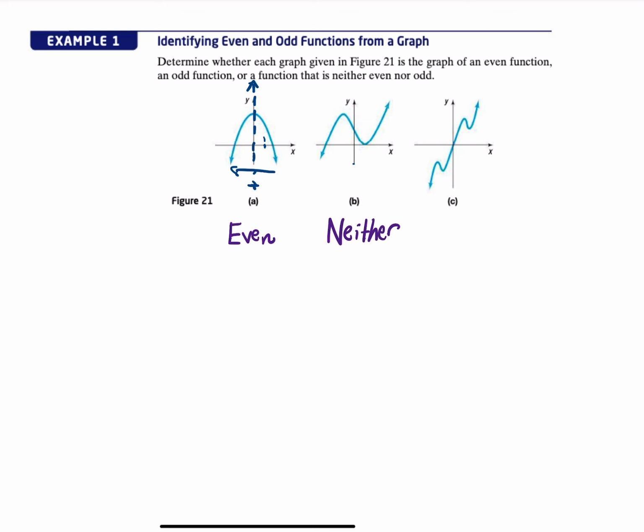For part C, it's not even because then it would look like this. If it's odd, well, yeah, we would first flip it across the y-axis and then down. Now that looks symmetric down over the x-axis. So this one has the odd behavior. It's symmetric about the origin.